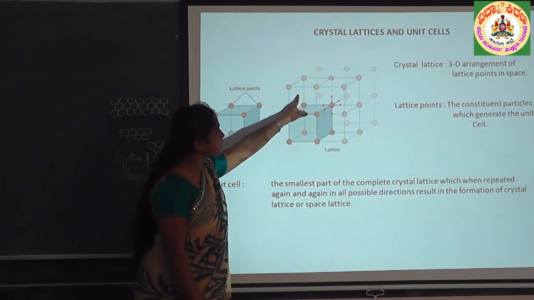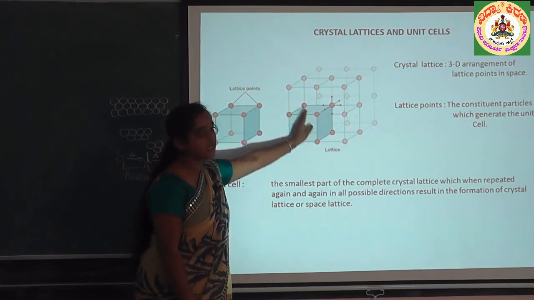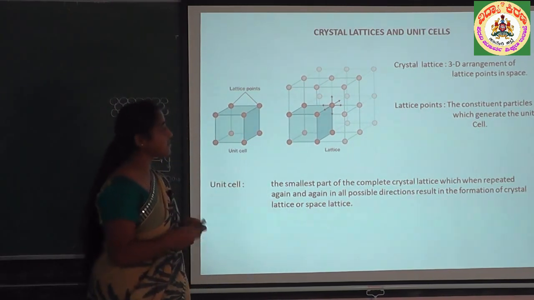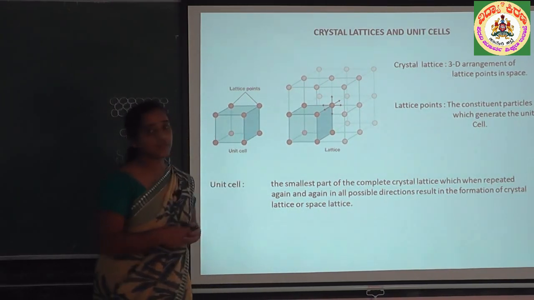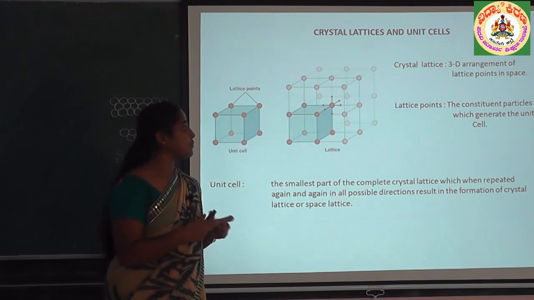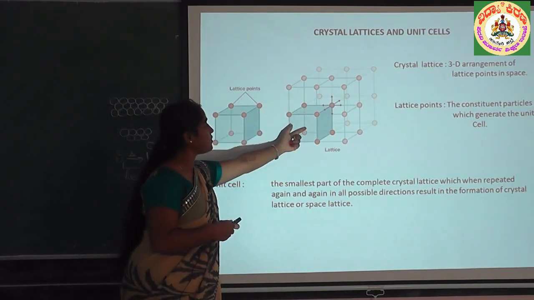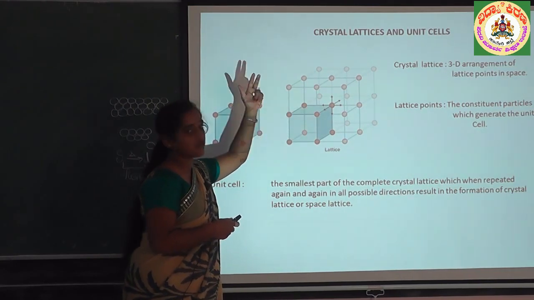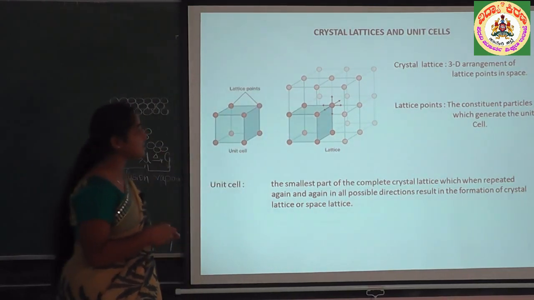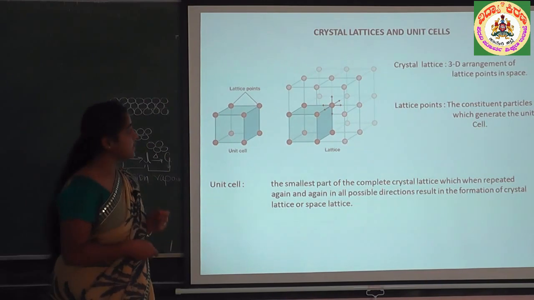This is common to this unit cell. There are so many unit cells which we cannot express because it is in 3 dimensions, so we cannot represent it on the board. This lattice point is common to this unit cell, the backward one, the top one, the left one, like that it is common to so many unit cells.